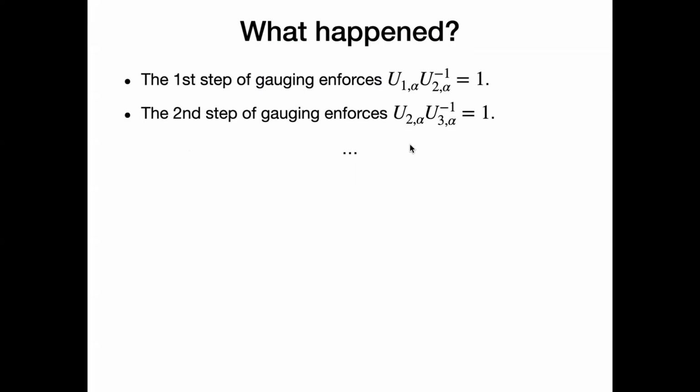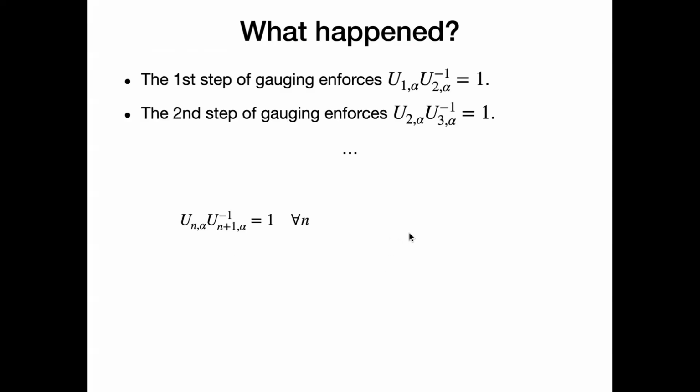Secondly, when you proceed to gauge U2 alpha times U3 alpha inverse, this symmetry is also enforced. And eventually, you enforce the symmetry UN alpha times UN plus 1 alpha inverse. You require this generator to equal 1 for all n.